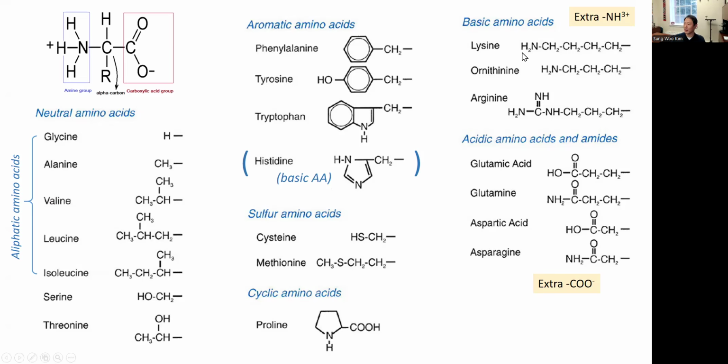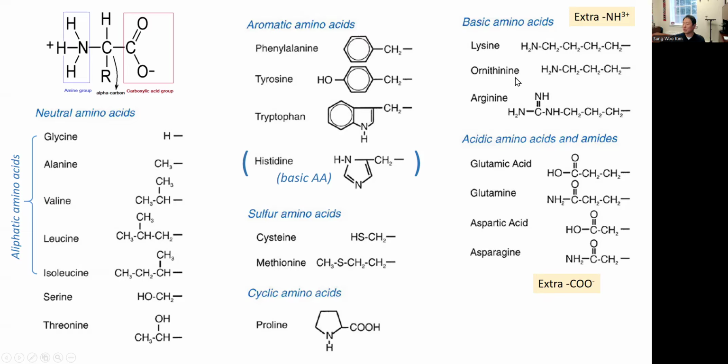Lysine has nitrogen at the end, which is an NH2 amine group, amino group, okay? And ornithine also has the same. And arginine actually has 3 more here, and histidine has a nitrogen here too.